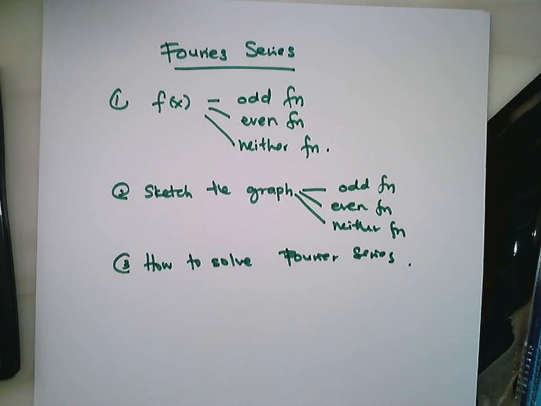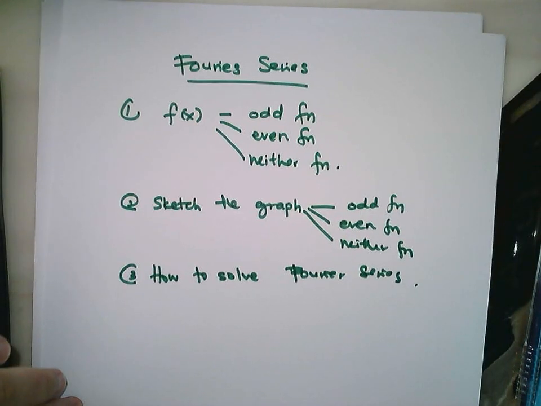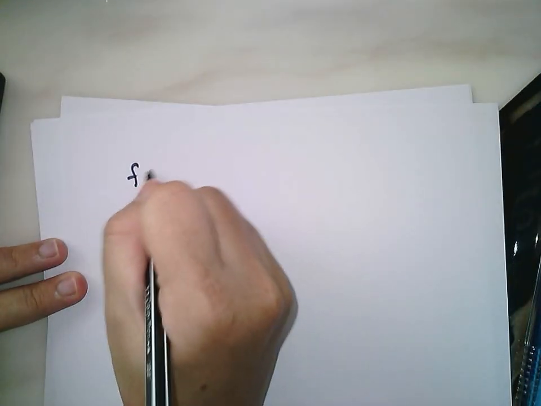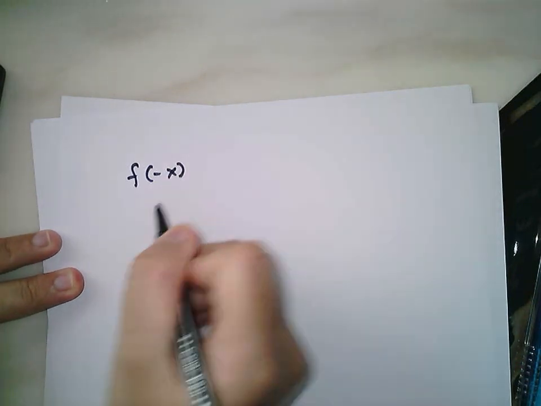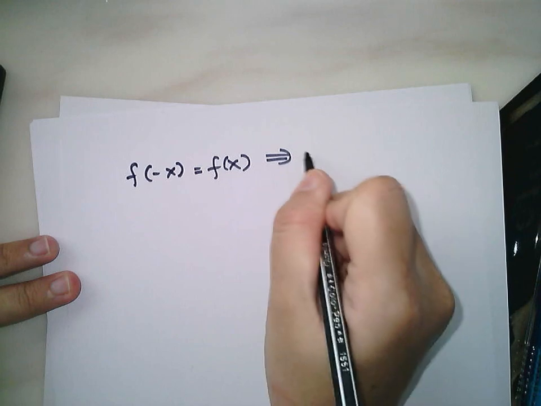Okay, so by using definition, if your f of negative x is equals to f(x), so this one will be even function.